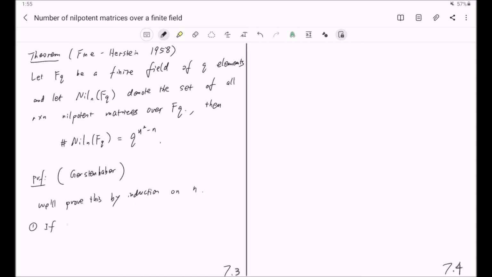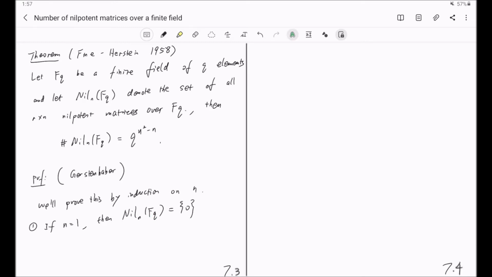If n is equal to 1, then the set of nilpotent 1 by 1 matrices, which is really the set of nilpotent numbers, will just be 0, because F sub q is a field.